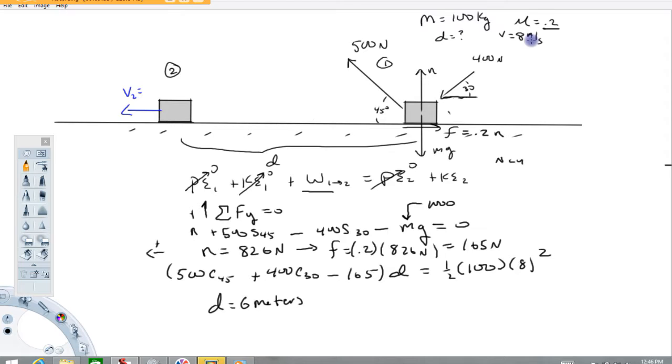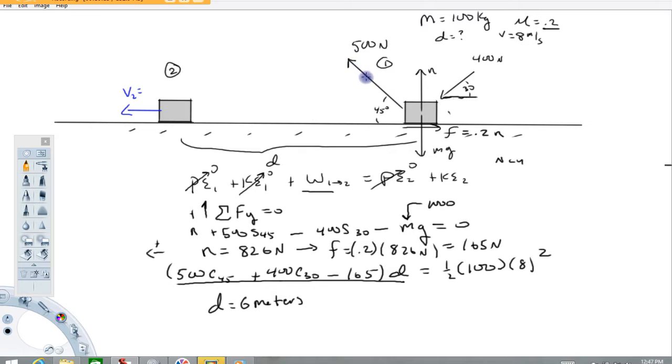Right? So again, the purpose of this video was to demonstrate how to apply Newton's work energy theorem. To do that, we had to draw a free body and calculate that frictional force. And then when we calculated the work term, this is very important here, right? Here's my work term.